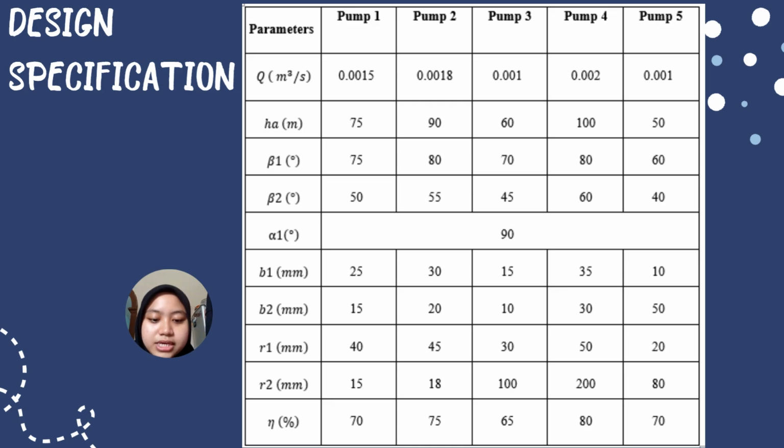Pump 4 is 2, 100, 80, 60, 35, 30, 50, and 280. The last pump is 1, 50, 60, 40, 10, 50, 20, 80, and 70. That's all for me. Thank you.